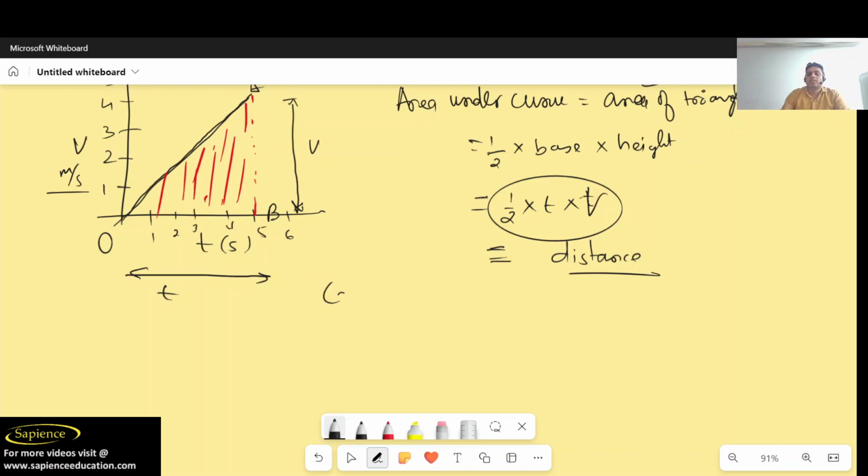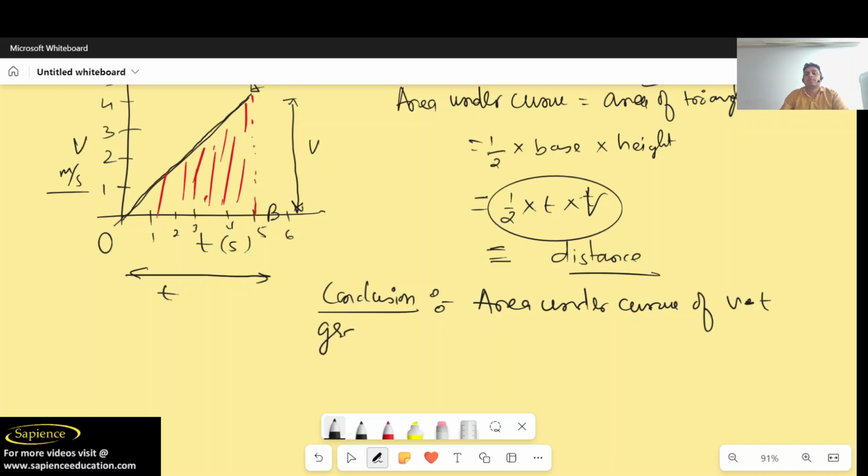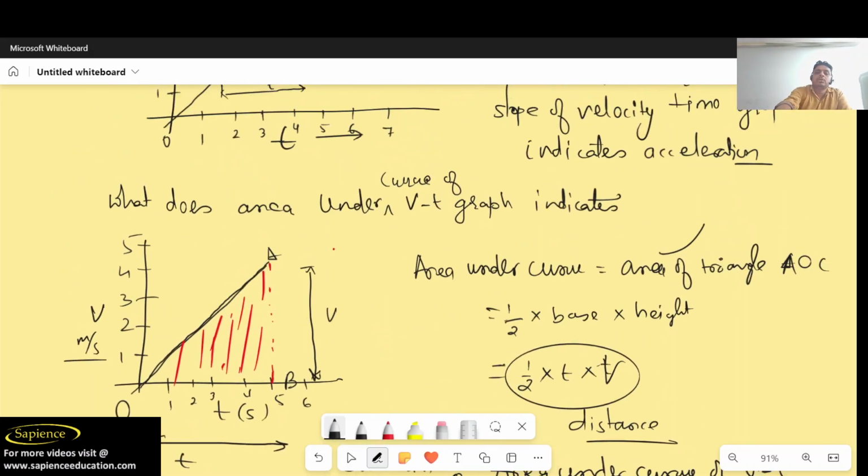So what conclusion do you draw? The conclusion is that the area under the curve of a velocity time graph indicates distance. Okay, so these things you are able to understand.